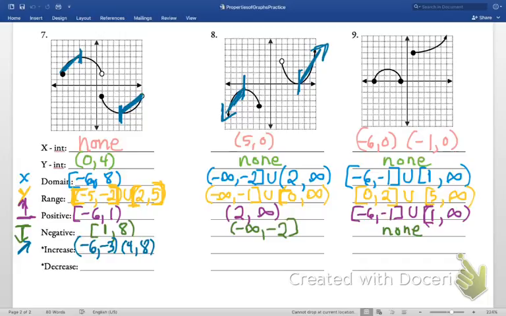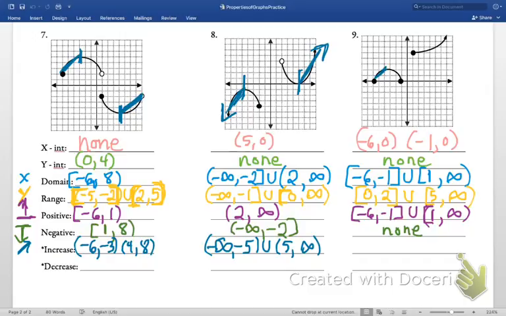Okay, so up the hill, we're going from negative infinity all the way up to -5. And then it starts at +5 and goes to positive infinity. Alright, number 9.